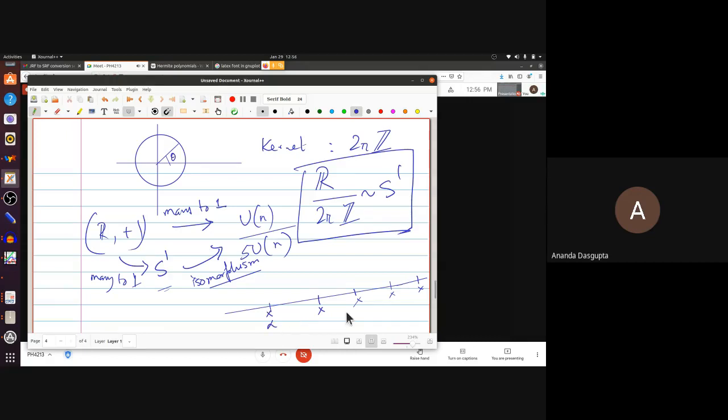They were different alphas, but alpha plus 2 pi, alpha plus 4 pi, all of these were mapping to the same complex number. So this prevented the mapping from being one-to-one.